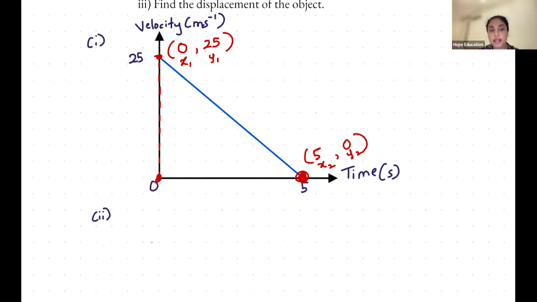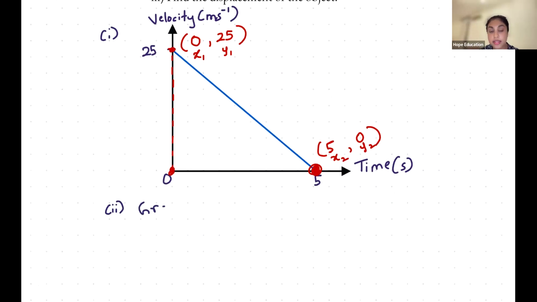So how do we get the gradient? As usual, gradient equals y2 minus y1 divided by x2 minus x1. Don't worry about minuses, all that, we do it the way we learned. y2 is 0.